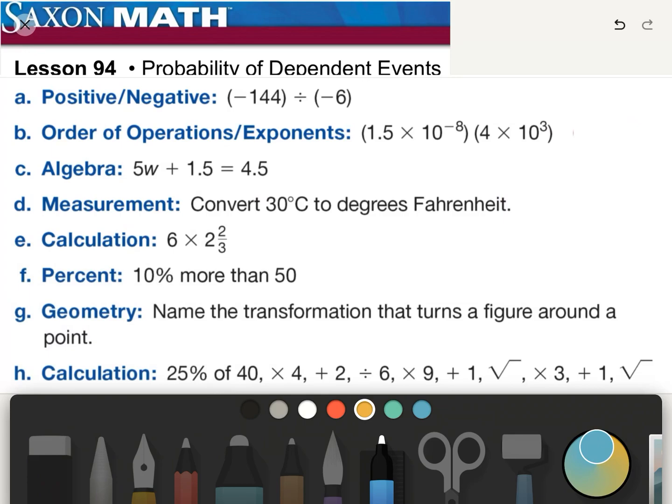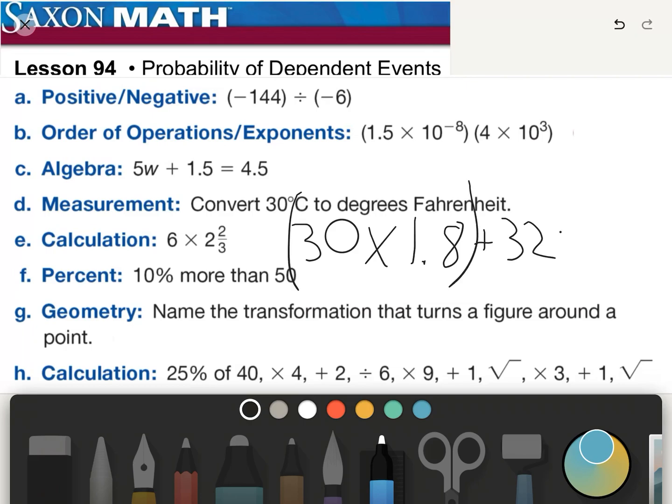Measurement. There's a simple rule to remember with converting Celsius to Fahrenheit. It's multiply by 1.8, then add 32. So really, this works. Here we're going from right to left.